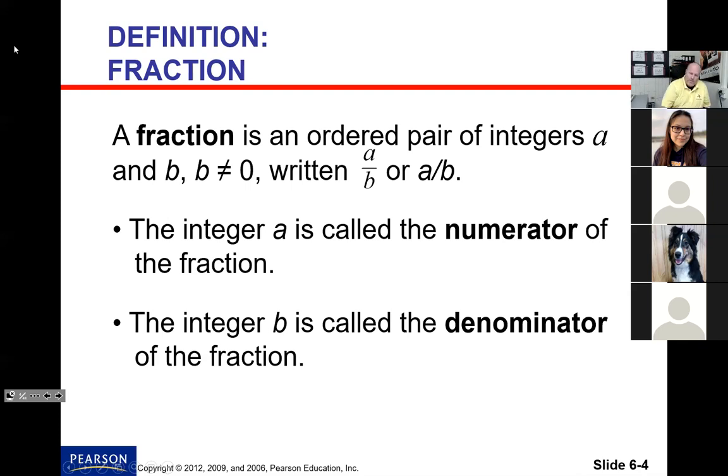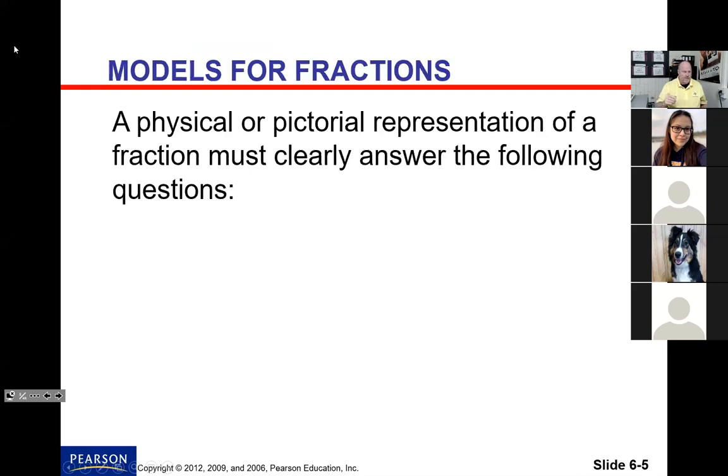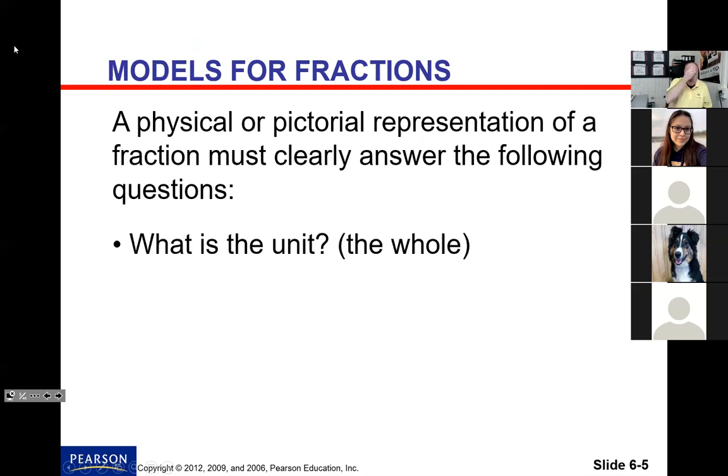So here we go. When we're dealing with fractions, there are tons of models and tons of manipulatives out there, and we'll talk about a few of them. If you're going to make a picture of a fraction, for instance, you have a pizza, a perfect example of dealing with fractions. You have to figure out what the unit is.